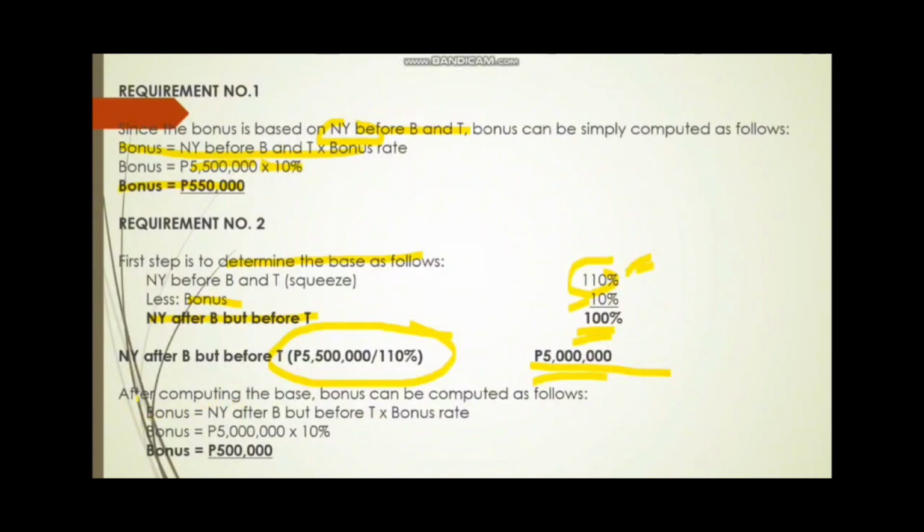And then, after computing the base, we compute the bonus: net income after bonus but before tax, 100%, times the bonus rate. 5 million times the bonus rate of 10%. So we have a bonus of 500,000.